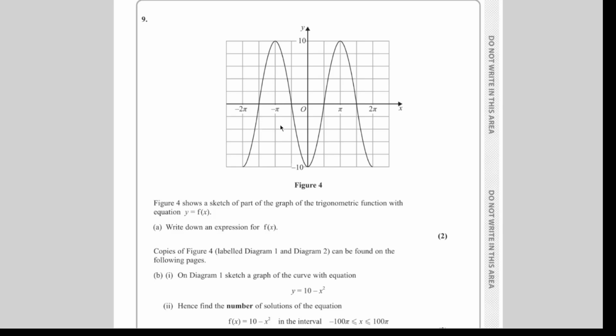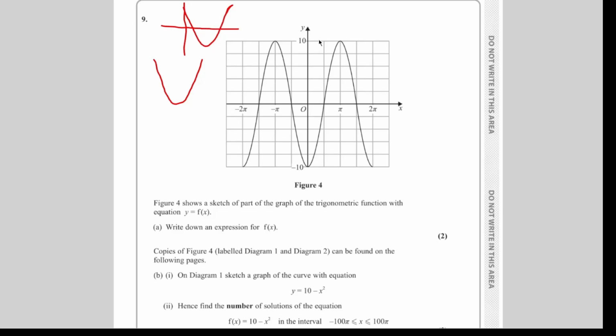So this is something like y equals cos x, because can you see the shape of this one? The shape of this one is y equals cos x. So this is the original curve of y equals cos x. Wherever you see this one, you have to be prepared that this is y equals cos x.